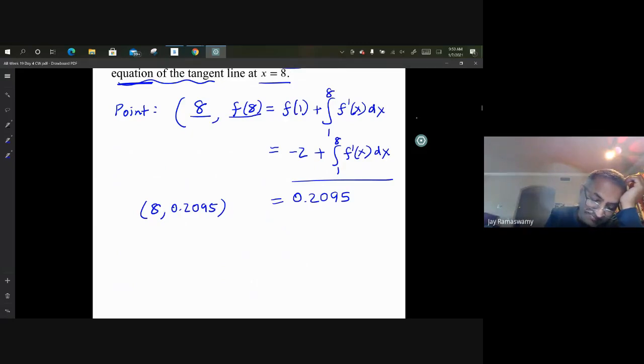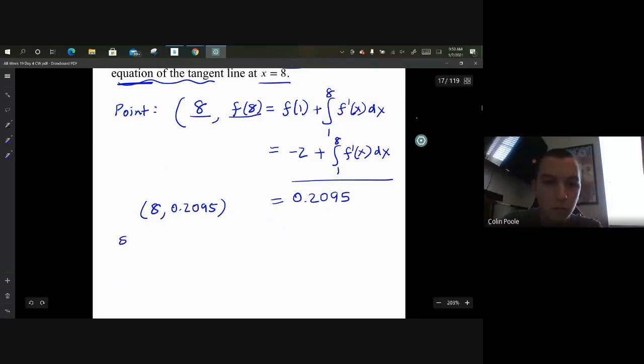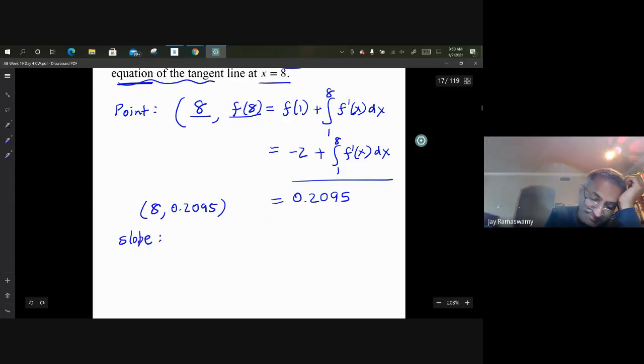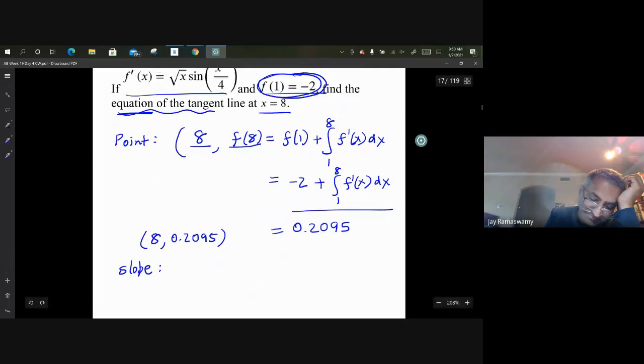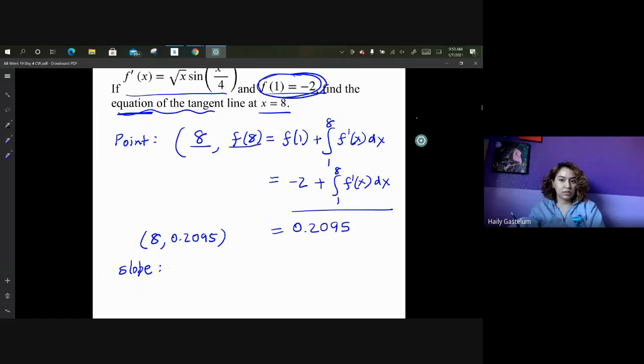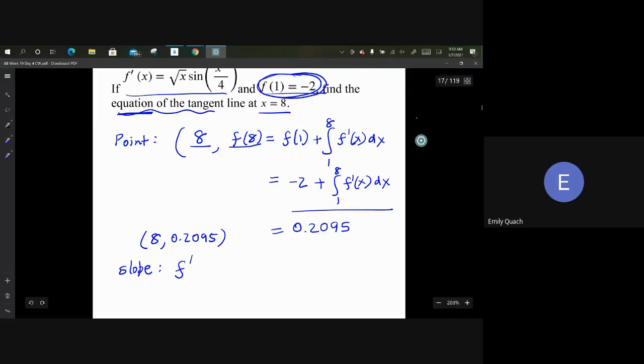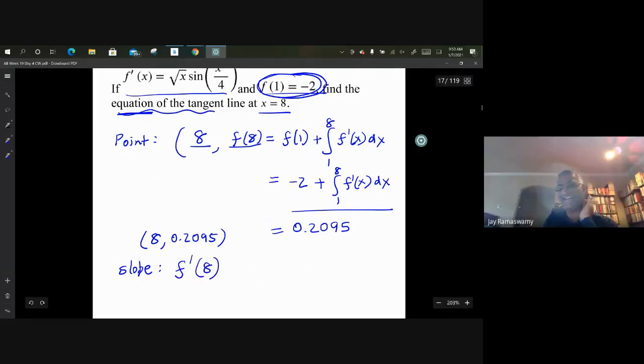I need the equation of the line. The slope. What's my function notation? Is that f dash at 8?